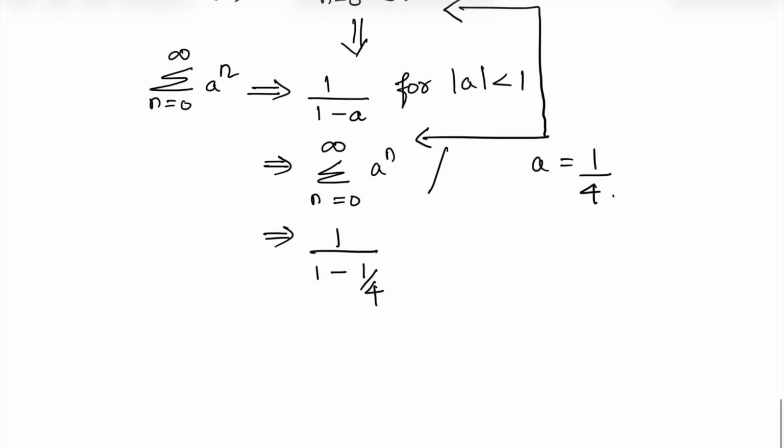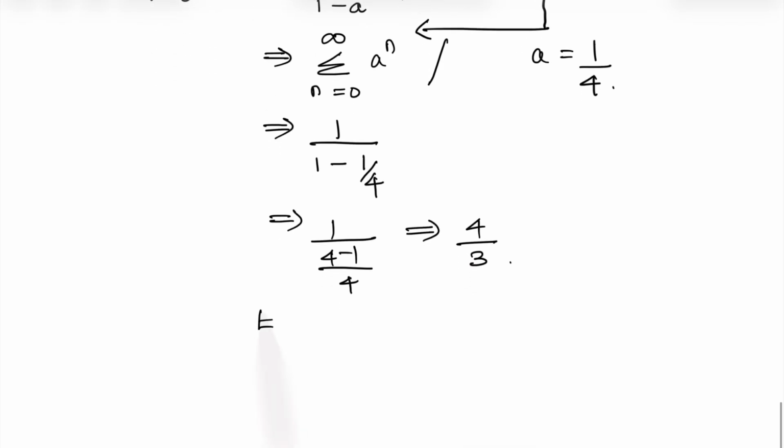So this becomes 1 divided by (4/4 minus 1/4), which in turn becomes 4 divided by 3, right? So we have got a finite value of energy and moreover it is non-zero.